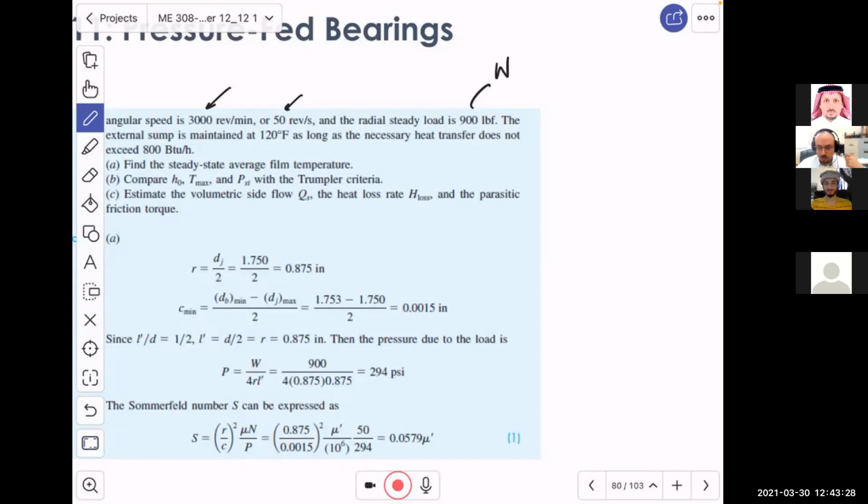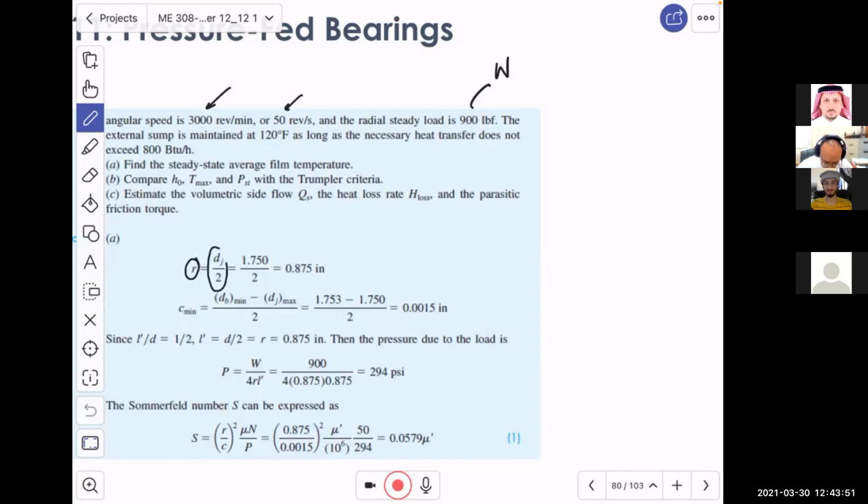We want to estimate the volumetric side flow rate Q_s, the heat loss, and the parasitic friction torque.